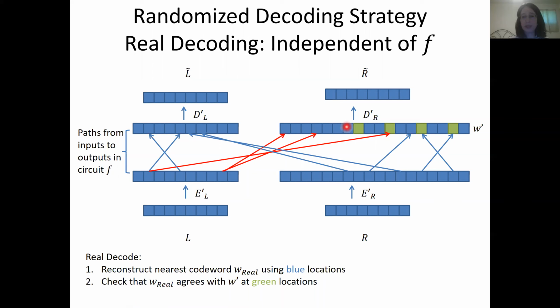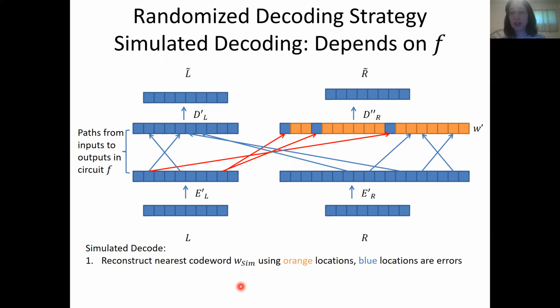And then it's going to do random consistency checks at the green locations to check that the nearest code word w real agrees with w prime. The key is that we only have to do a small number of consistency checks in order to ensure that w real and w prime are very close to each other.